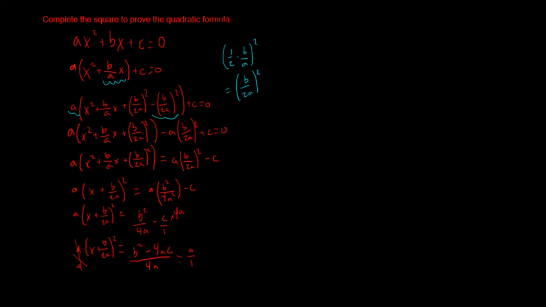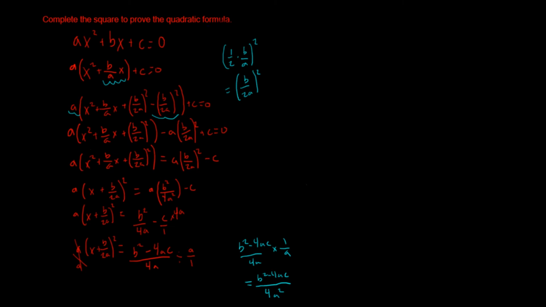Another way that we can write that is b squared minus 4ac over 4a times 1 over a, because that's how we multiply out our fractions. So that's going to be b squared minus 4ac times 1. It's the same thing. And then 4a squared is going to be what this is equal to, the right side.